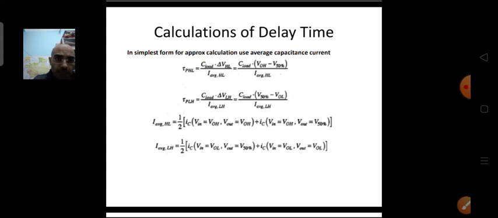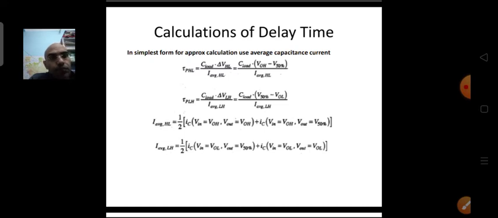At this situation, first we have to see how our devices are working, and according to that we have to find the drain current equation of the device.